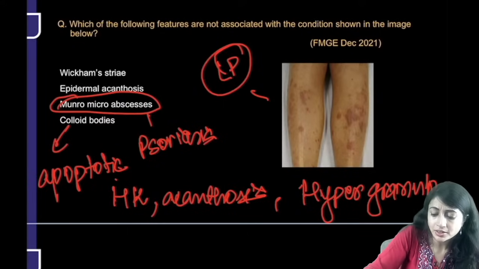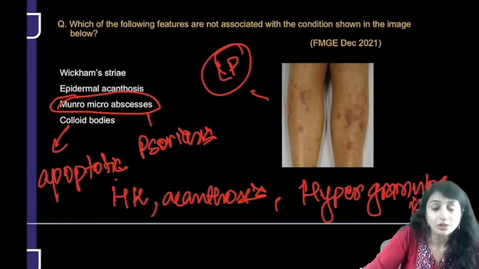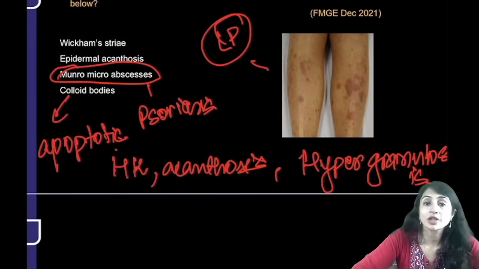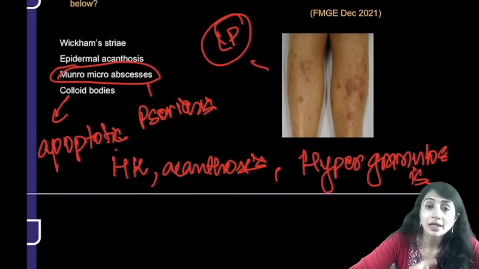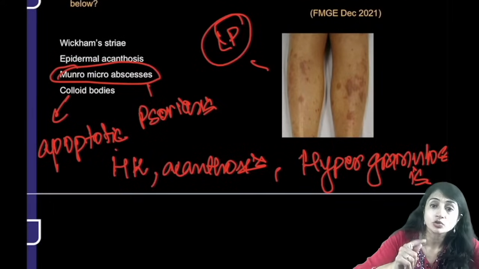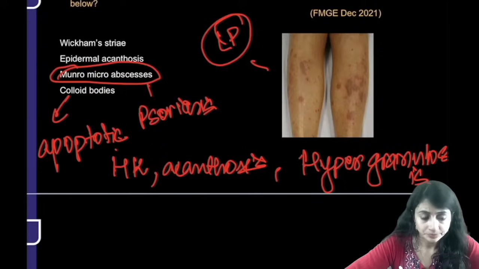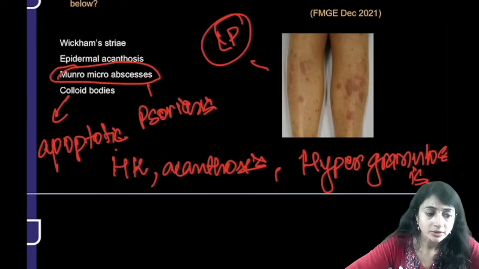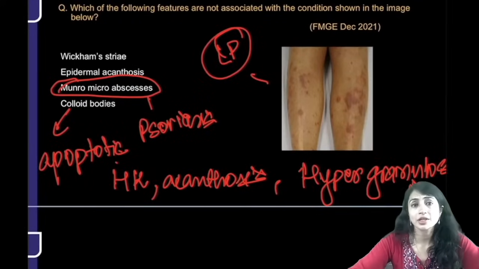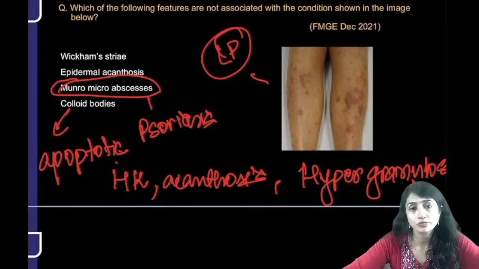In psoriasis, you see absence of granular layer, whereas in lichen planus, you see hypergranulosis or increased granular layer. So psoriasis and lichen planus are very, very important for you.